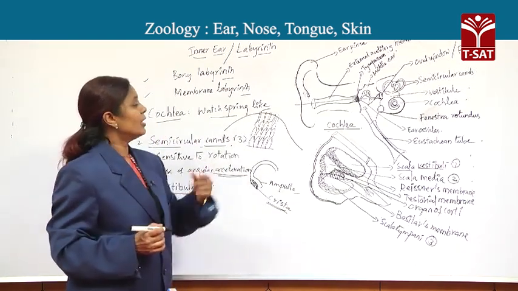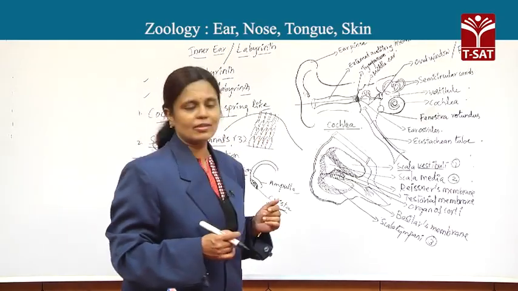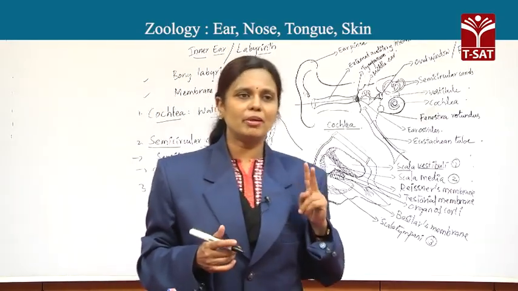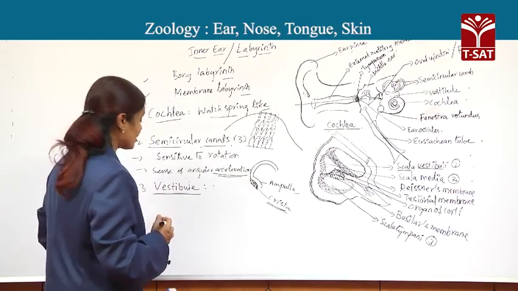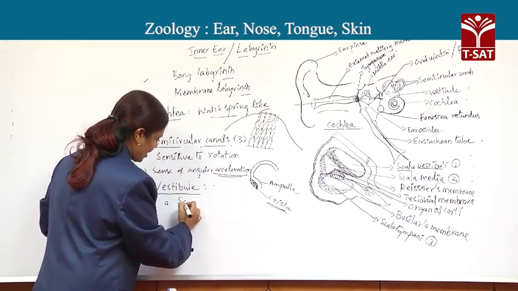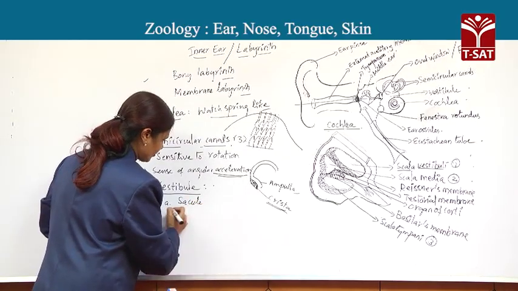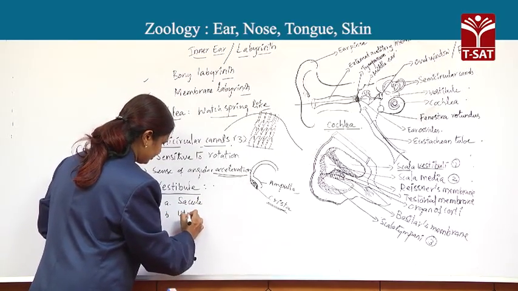Now, vestibule is a bony labyrinth. Inside this vestibule, there are 2 membrane labyrinths called saccule and utricle.